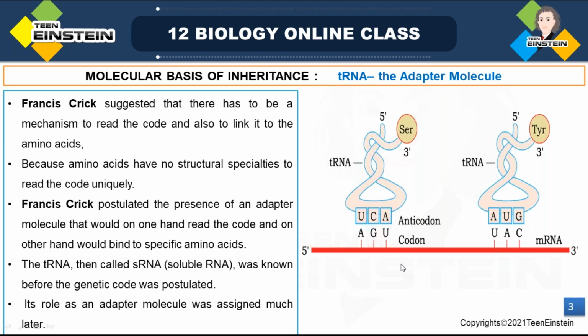So what is the role of tRNA? tRNA carries the amino acid which is to be added in the peptide chain. And tRNA also decodes, or deciphers, the codon for that particular amino acid in the mRNA molecule. That's how it works as an adapter: it links the amino acid to the nucleic acid.